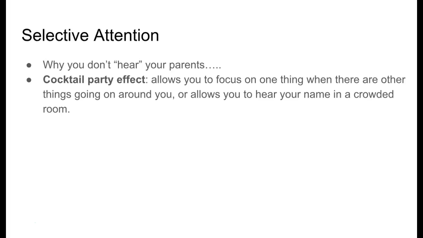The cocktail party effect allows you to zone in on somebody that you're talking with. So even though there might be distractions around you, you can still hear and focus on that person that you're talking with. At the same time, it also explains how if you're talking with somebody in a crowded room, you can hear somebody say your name across the room. It's this weird ability that we have to kind of zone in on specific details or pick up on specific details.